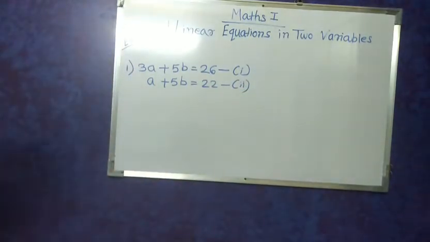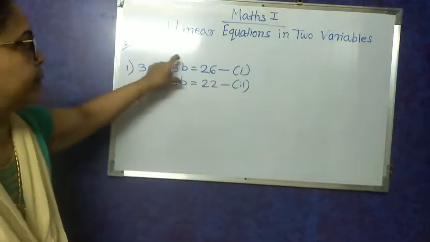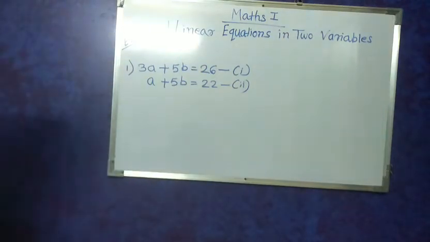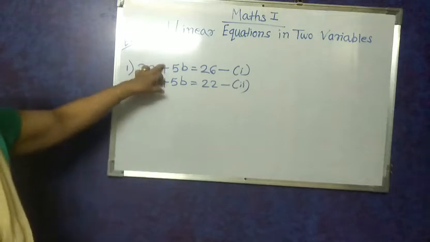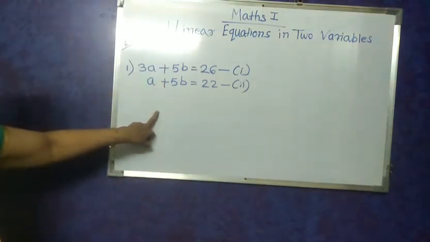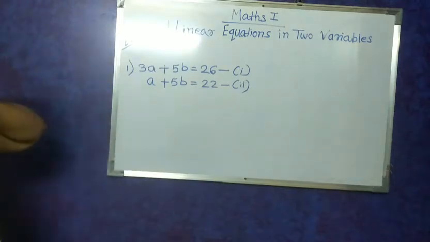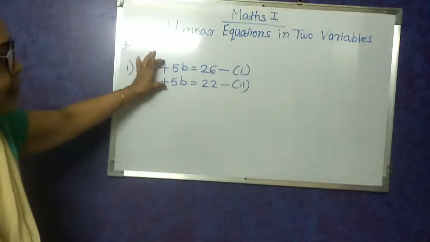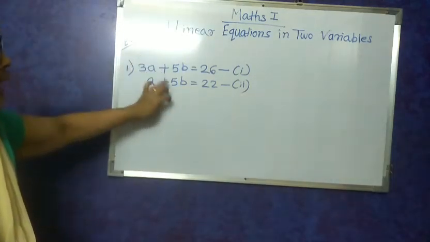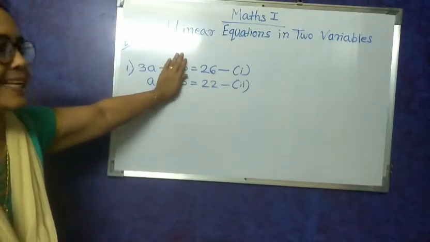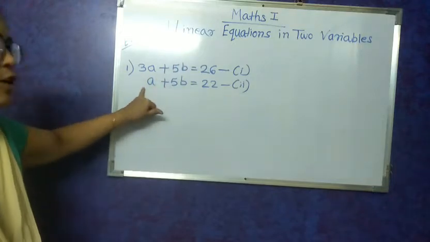Now see, a's coefficients are different, but here b's coefficients are the same. If you add these two equations, 5 plus 5 will become 10. So we have to remove either the a variable or the b variable. But if you are adding, there won't be any cancellation. If you subtract this, plus 5b and minus 5b will get cancelled and we will get the first value of a.